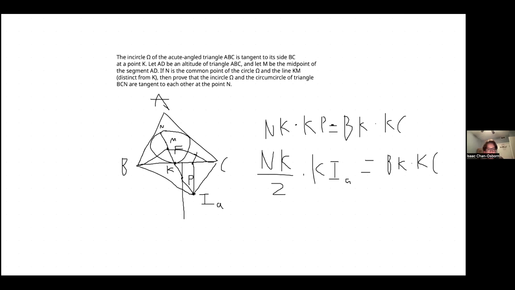We know that ABC is the orthic triangle of IAIBIC, which means that I, which is the orthocenter of IAIBIC, CIAB is cyclic.